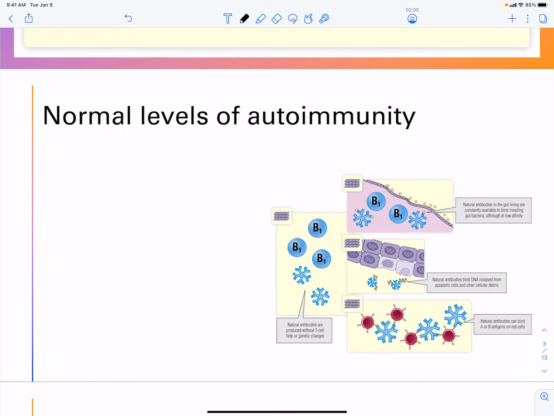Now, for normal levels of autoimmunity, what is meant is we do have our more innate-like B cells, or B1 cells. And these B1 cells are going to secrete immunoglobulin, mostly IgM. And this is going to be without T cell help. And so these B1 cells secrete natural antibodies.